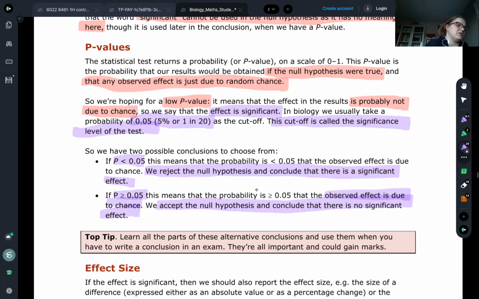So I'm just going to give you a different lowdown of writing out p-values. P-values are what usually throw people the most.